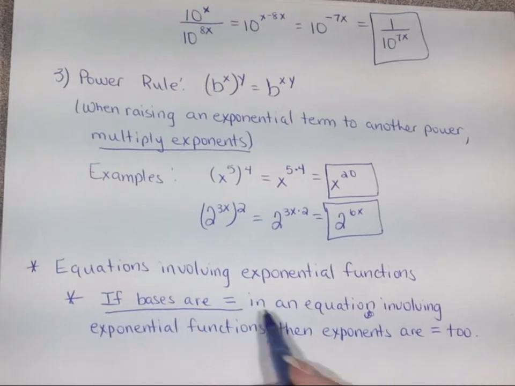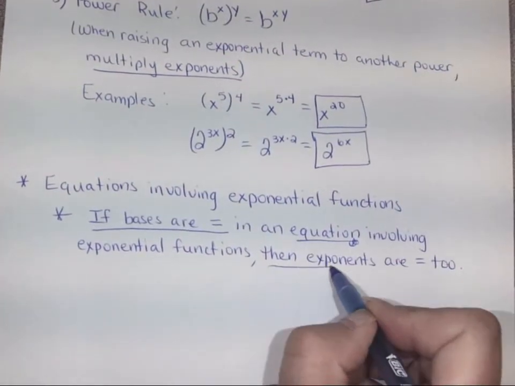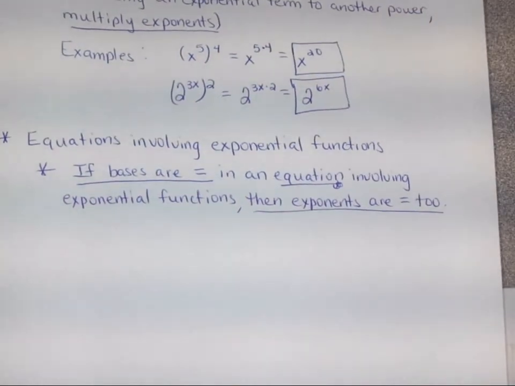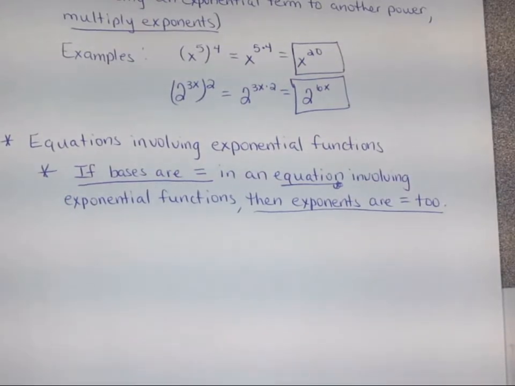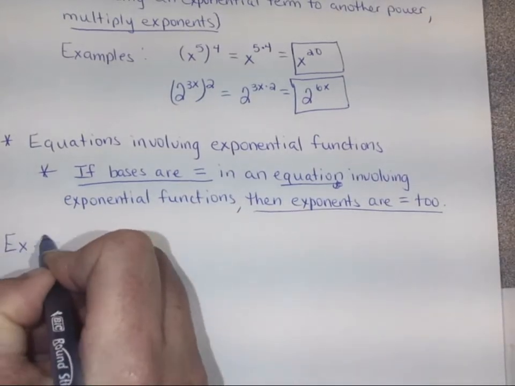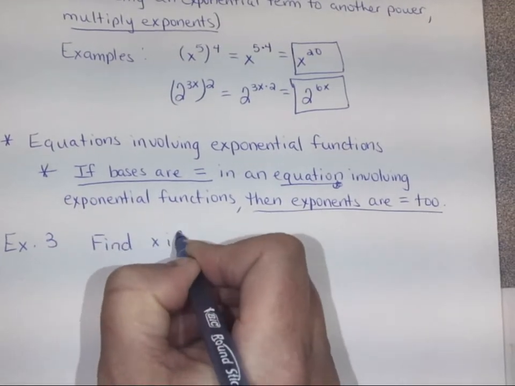So here's the gist of this rule. If the bases are equal and you have an equation, then the exponents are equal too. Okay, so let's see if we can maybe start off small here and see if we can use this rule to our advantage.